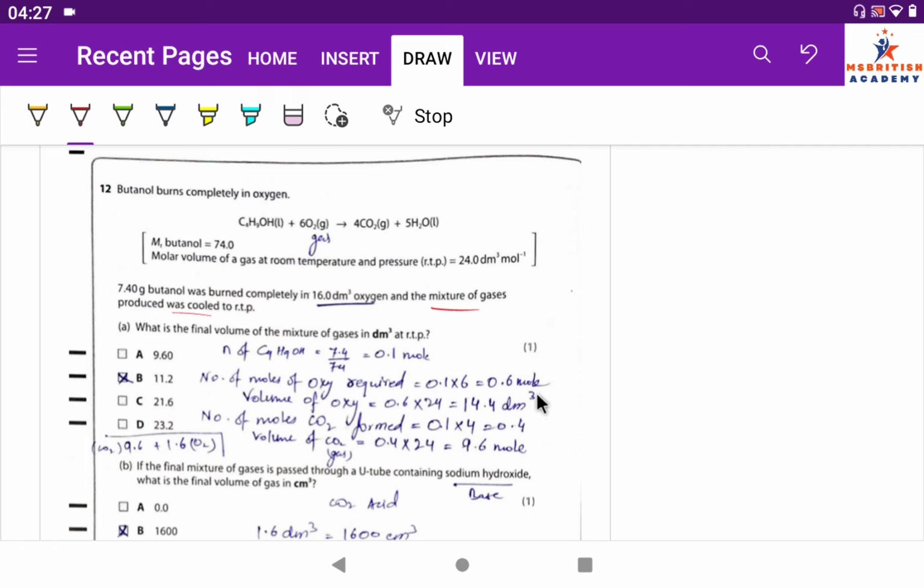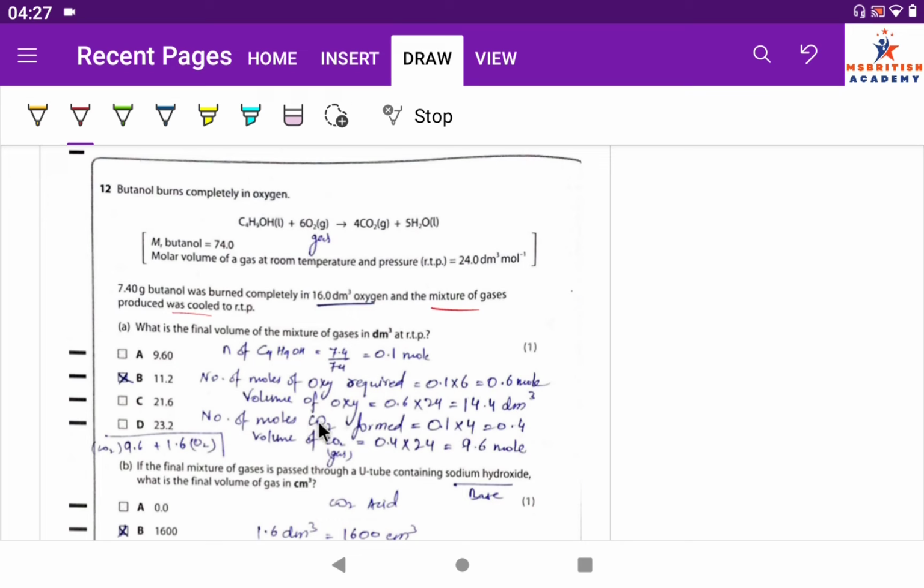And if you need 0.6 moles, and 1 mole occupies 24 decimeter cube, what volume of oxygen is needed? The volume of oxygen is 0.6 times 24, which is 14.4 decimeter cube of oxygen required to burn 7.4 grams of butanol.